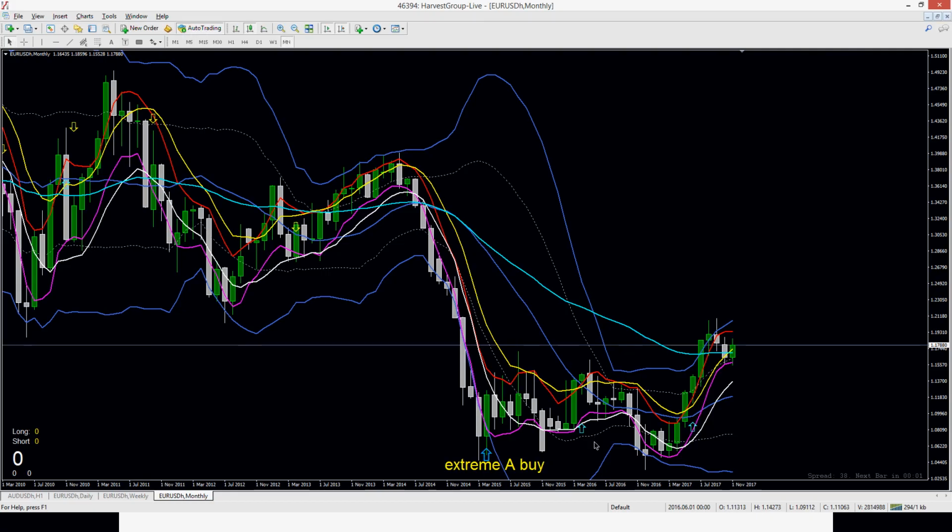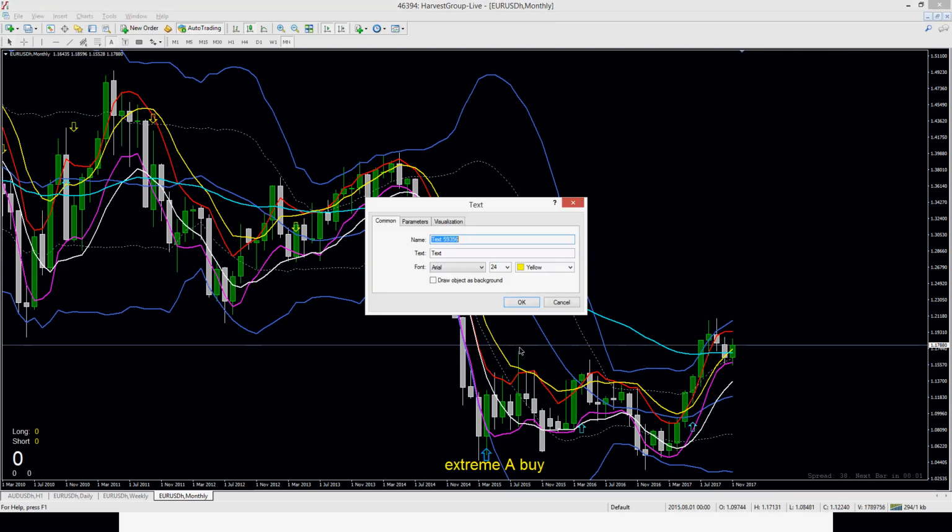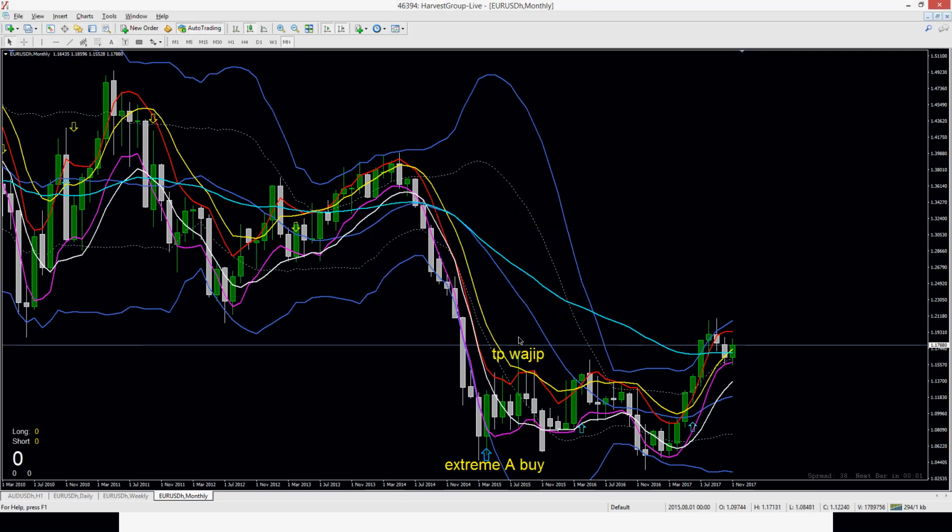I mean, it helps you to identify all the other stuff. Okay. So that's extreme over there, and obviously you have TP wajib if we look at it on a buy point of view. Okay, so that's TP wajib.